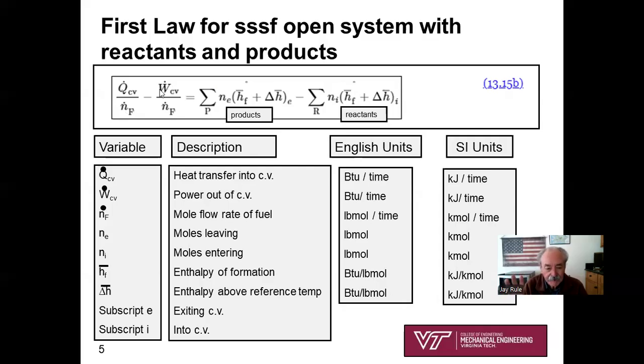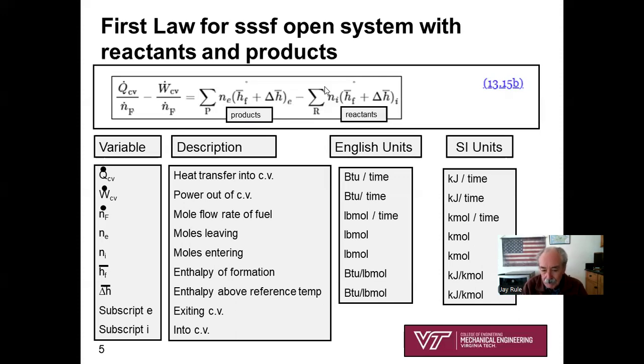Well, we're going to throw that away, okay? But the complete statement of the first law, steady state, steady flow: Q dot over a flow rate equals the sum of the mole flow rate leaving, N dot, times H leaving, for the products, the combustion products.